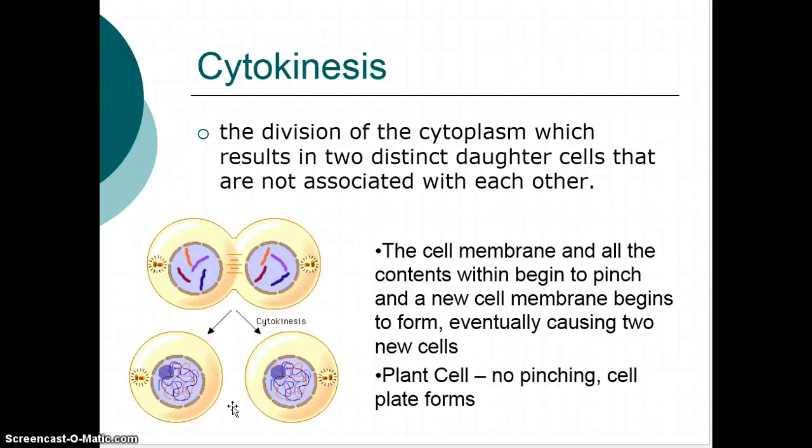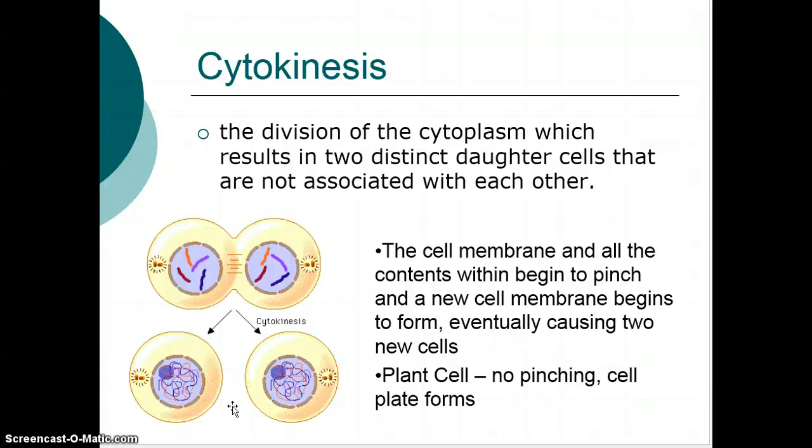So on page 285 in your book, you can see the interphase, which has G1, S phase, and G2 phase. And then you can see mitosis, which has prophase, metaphase, anaphase, and telophase. And then the final part, which is cytokinesis, which has the actual pinching in half of the cell to make two identical daughter cells.